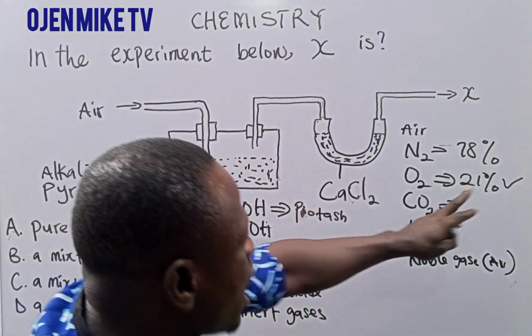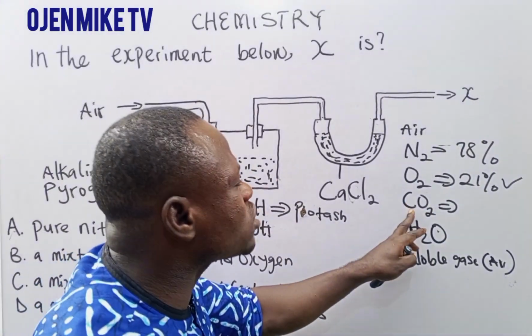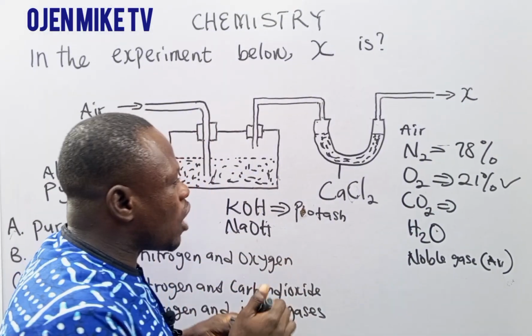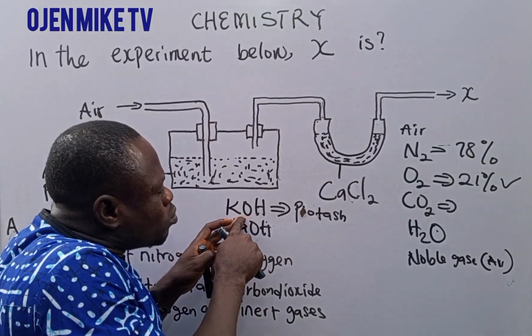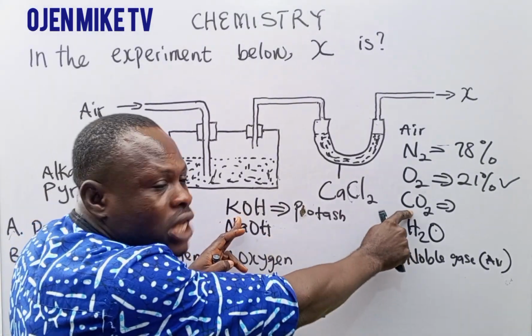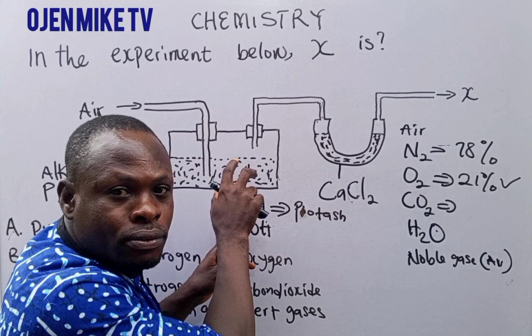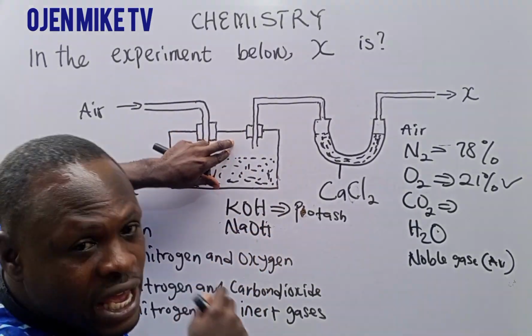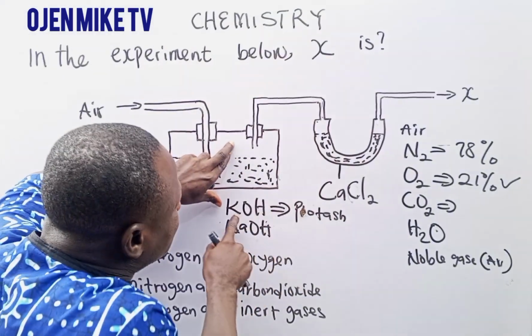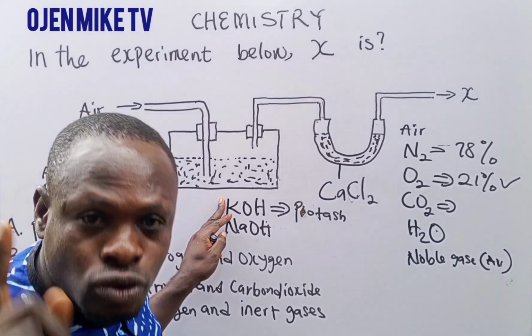Also carbon dioxide will be absorbed, because potassium hydroxide can react with carbon dioxide. It means that it will get trapped. Carbon dioxide will be trapped here because it can react with potassium hydroxide.